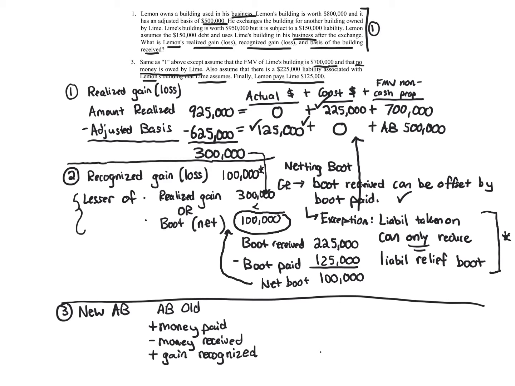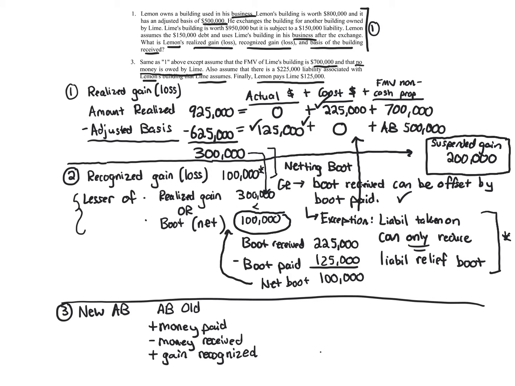Now, before we move to step 3, remember, as we did in earlier videos, we calculate the suspended gain or loss. Suspended gain or loss is number 1 minus number 2. Number 1, the realized gain or loss, is $300,000, minus number 2, the recognized gain or loss of $100,000. The suspended gain is $200,000.